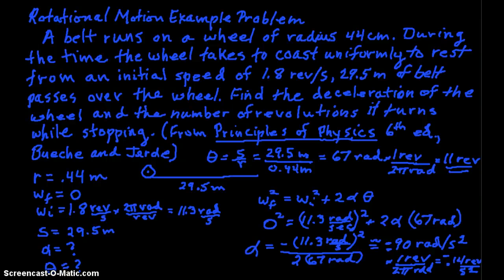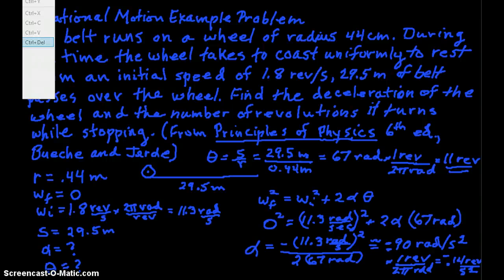So let me work it another way on the next page. Okay, so we found theta already. That was 67 radians.